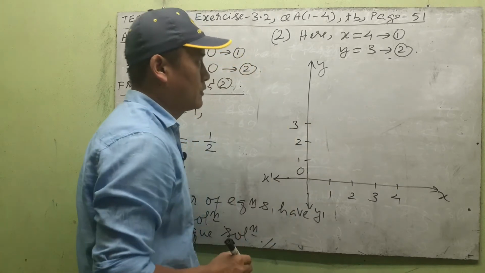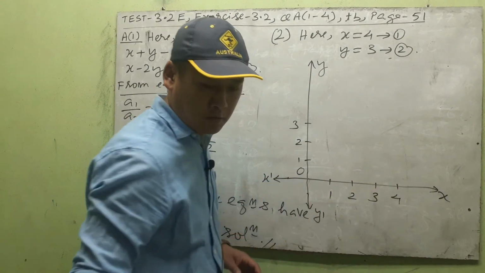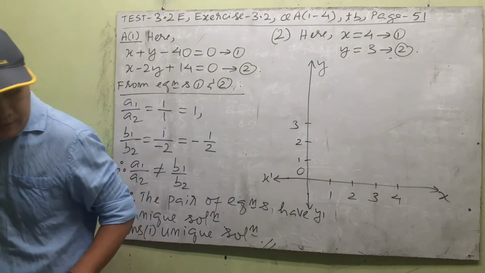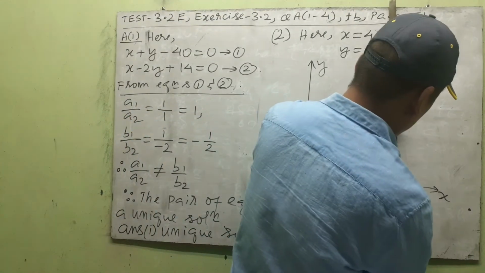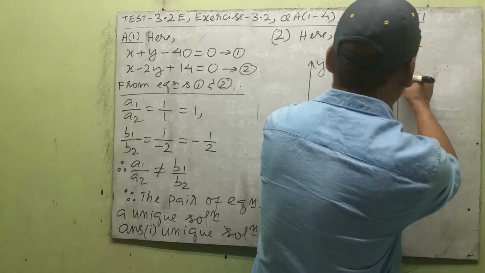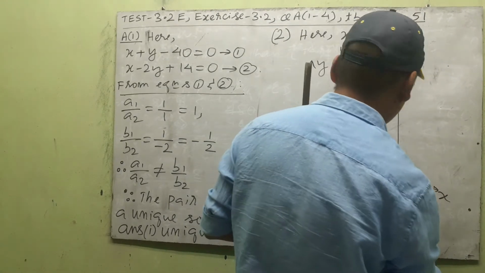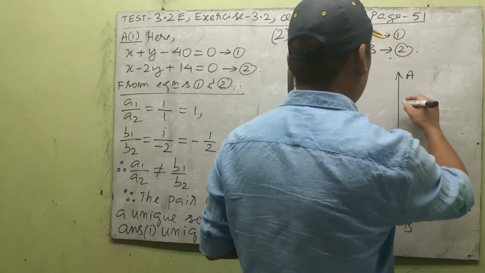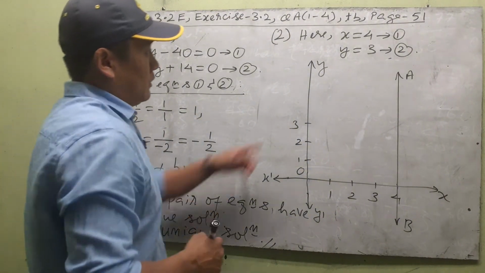That's enough, I think. So plotting here x equal to 4 is here, so the plotting will come out as a line here. So this will be the graph of the first equation 1. Let's mark it as AB. So this is the graph of the equation x equal to 4.